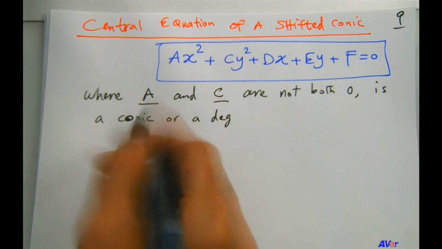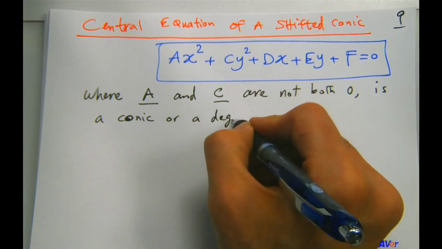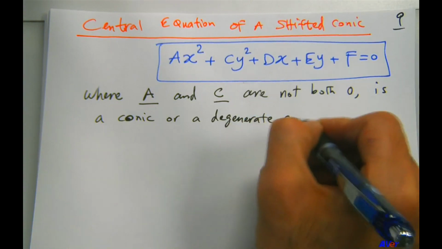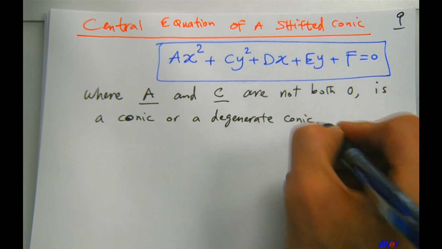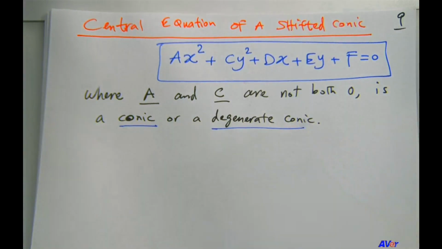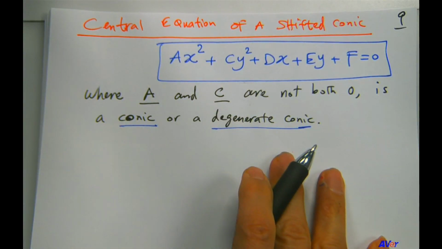The conic ones are the ones we've been dealing with, and the degenerate case we will look at. I should have maybe written these in red ink because they are the main things here.